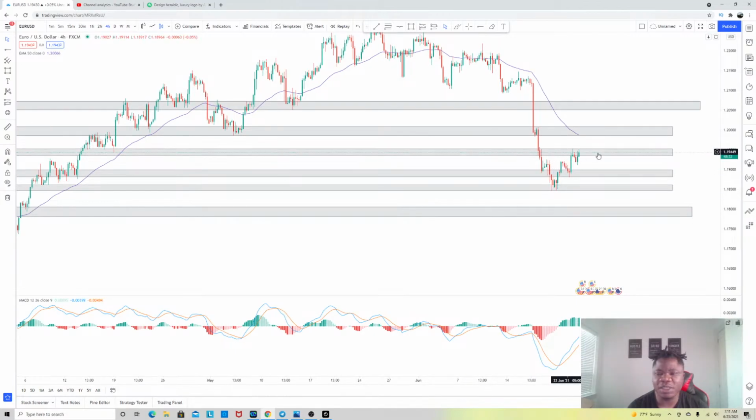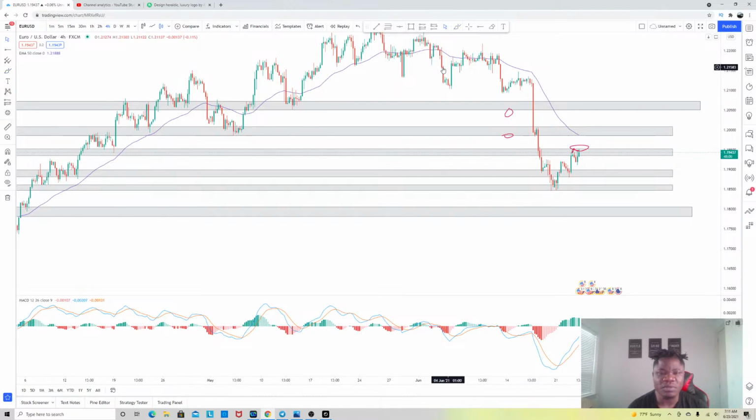Price is trying to break this resistance zone right here, and if we have a break, then we can see price potentially get into this zone over here, and if we have another break, potentially into this next zone over there as well.